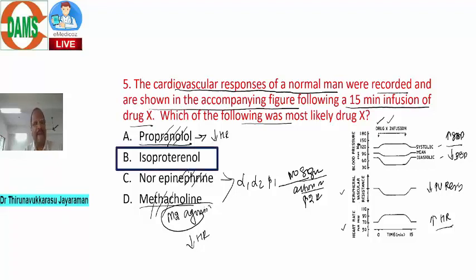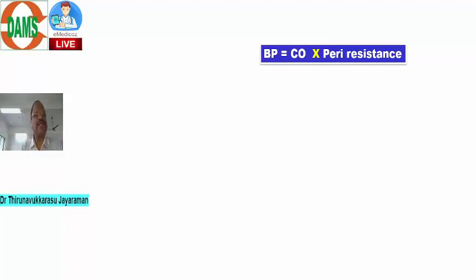Now I will explain how isoproterenol is going to cause an increase in systolic BP, a fall in diastolic BP, a reduction of peripheral resistance, and an increase in heart rate. Everything I will discuss. Listen here. First you should know, normally we have a formula for blood pressure. Please note, the formula for BP is equal to cardiac output multiplied by peripheral resistance.